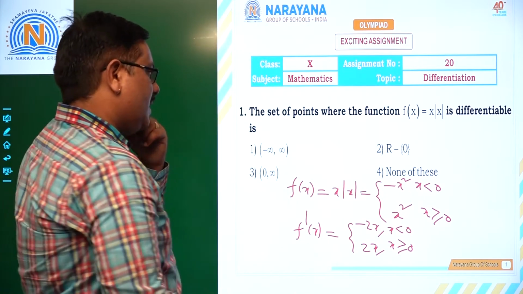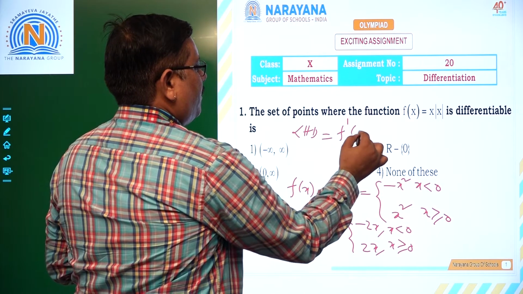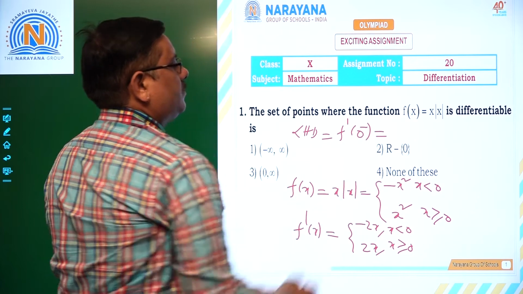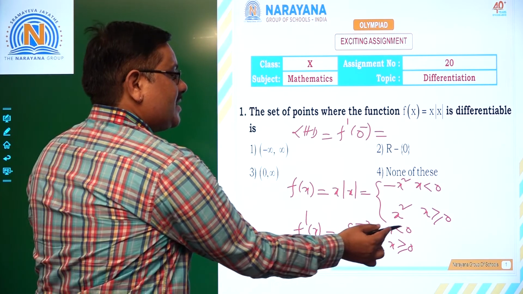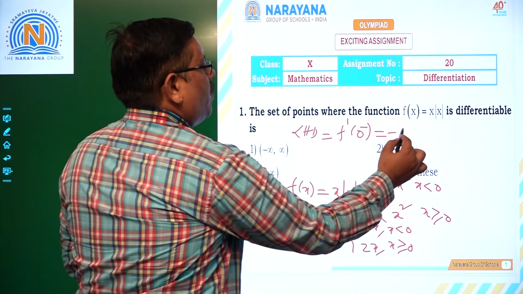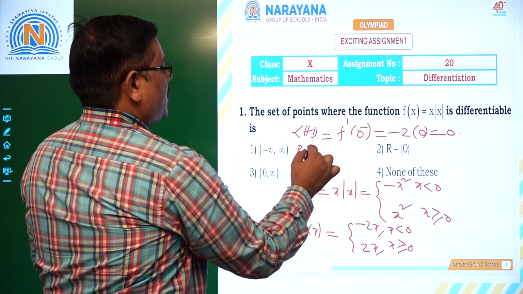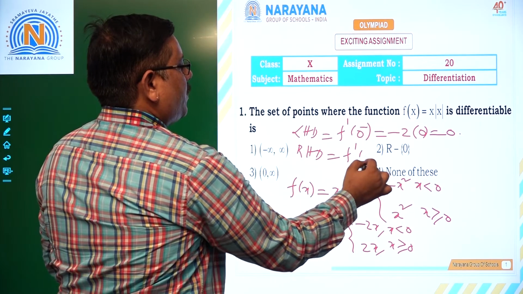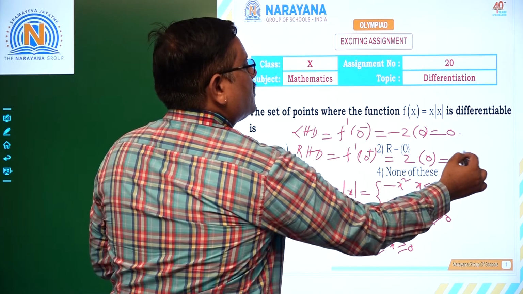Now let us observe LHD. What is LHD? f dash of 0 minus. Already you have f dash of x as minus 2x for x less than 0, so this is minus 2 into 0, that is 0. Next, RHD, that is f dash of 0 plus. f dash of 0 plus is how much? 2 times 0, that is also 0.